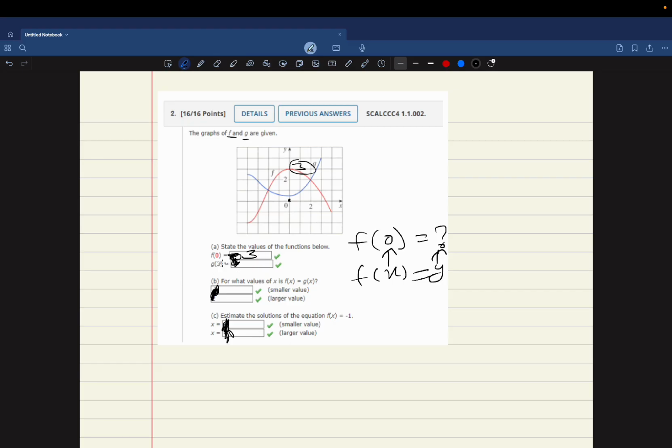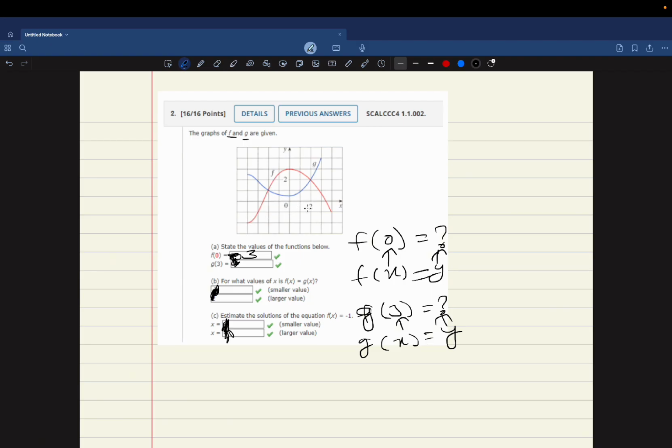Now for g, I'll just delete it so it will be easier. Okay, so now for g, it is asking the value of y. So let's do g(3) equals question mark. So it is asking the value of y in graph g when the value of x is 3.